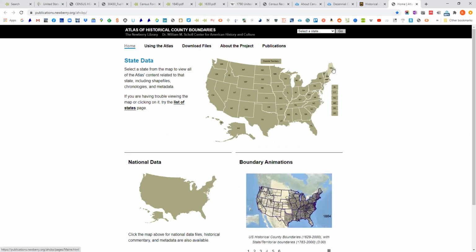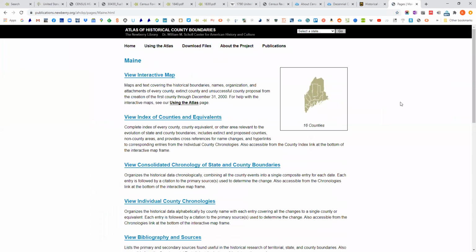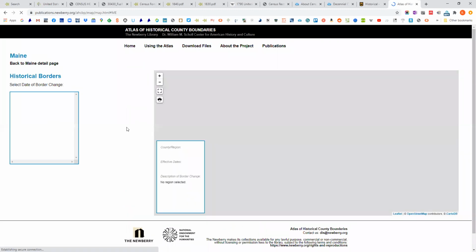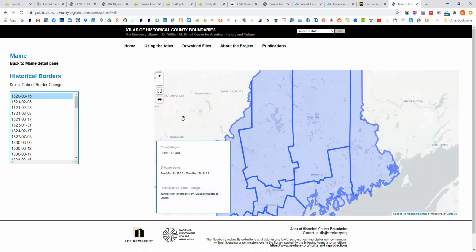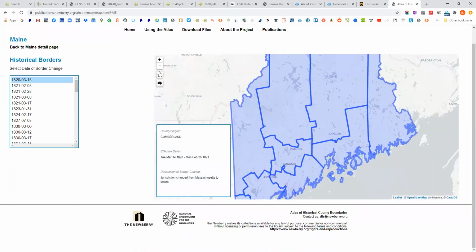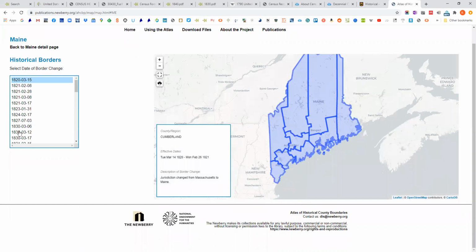If I click on Maine, and click on View Interactive Map, and click on a particular date after statehood, you can see how the map boundaries change.